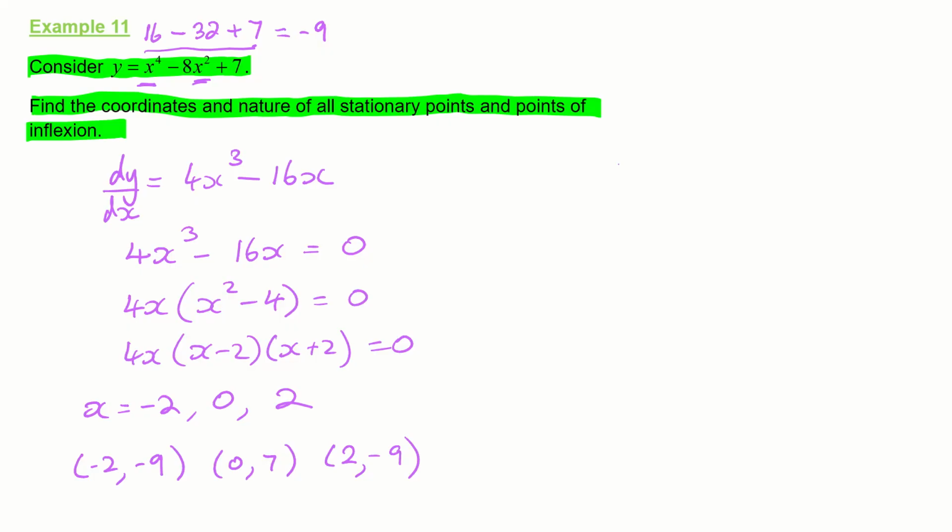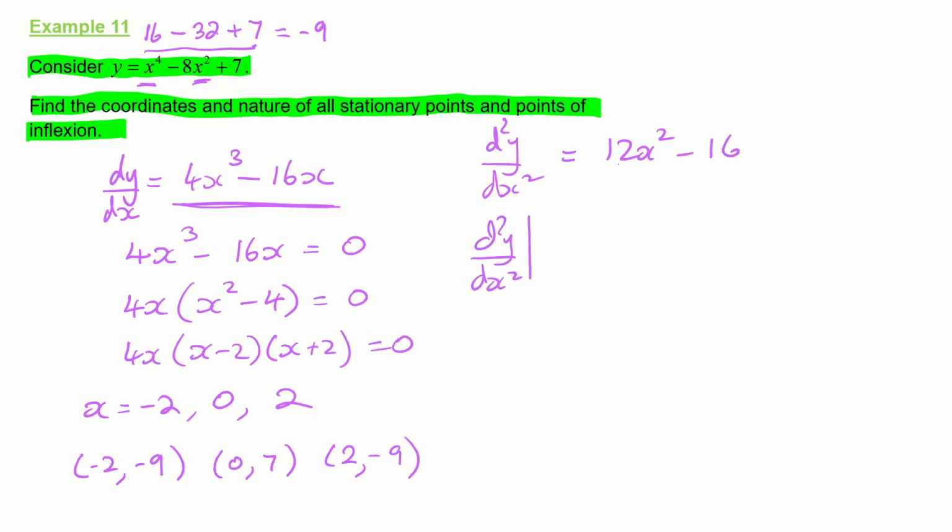So let's look at the second derivative, which means differentiating this again. d2y/dx squared is 12x squared take 16. If x is negative 2, that is going to be 12 times 4 take 16.